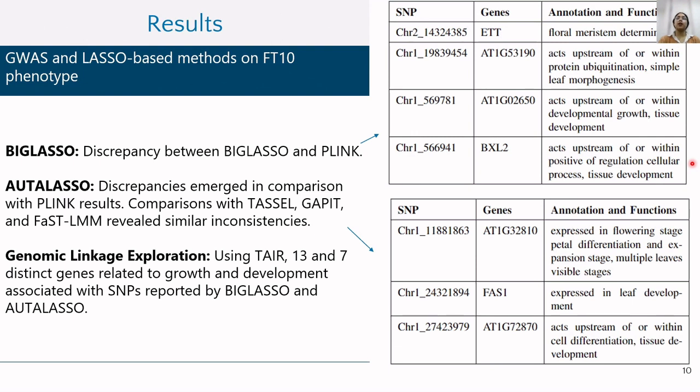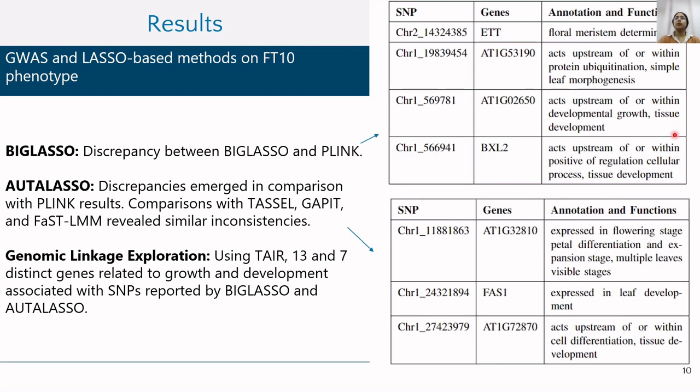Big Lasso applied to FT10 phenotype involved data transformation to binary values due to its binary phenotype compatibility. An observed discrepancy between Big Lasso and Blink results hinted at the impact of the quantitative to binary conversion in the data preprocessing.